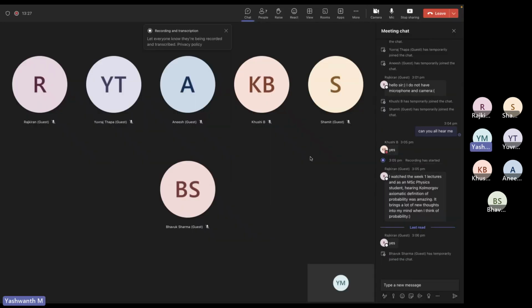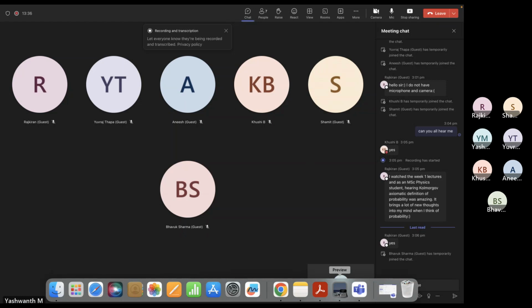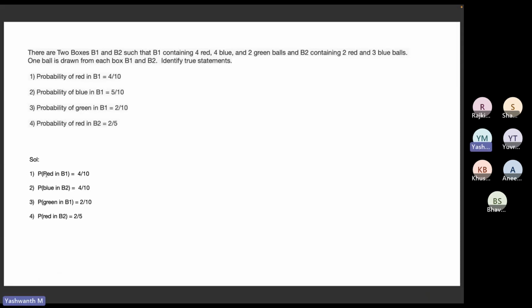You can speak out, it is good if it is interactive. Why is the probability of drawing a red ball from B1 4 by 10? Anyone?